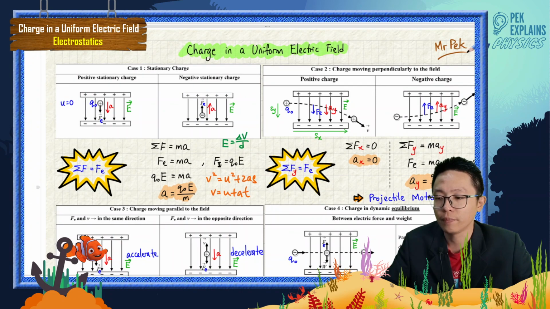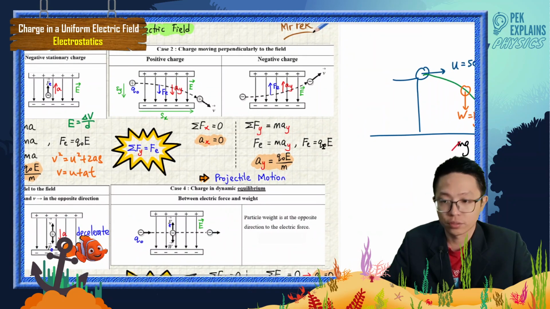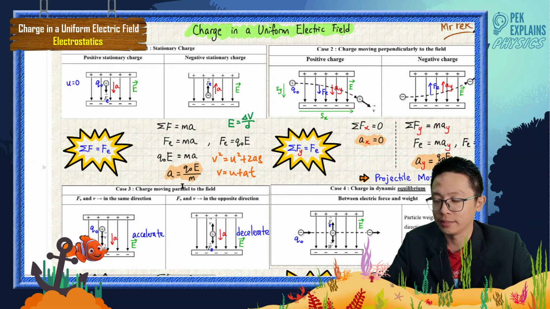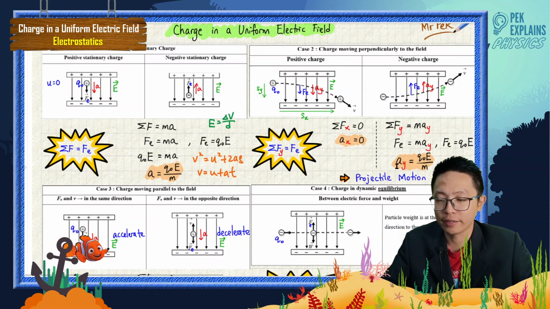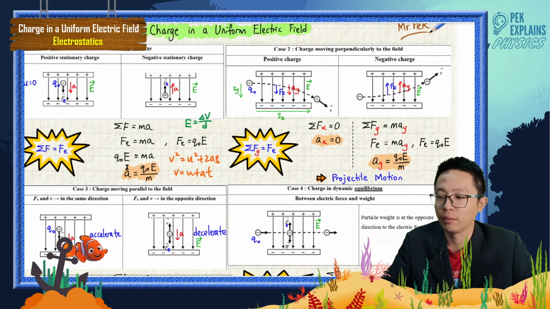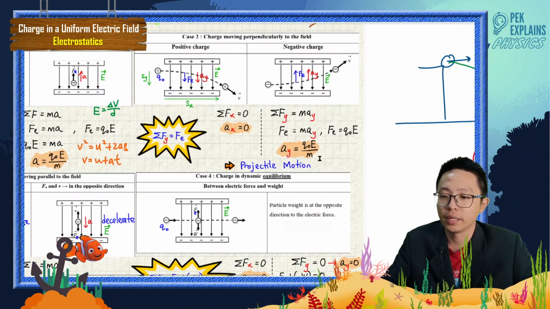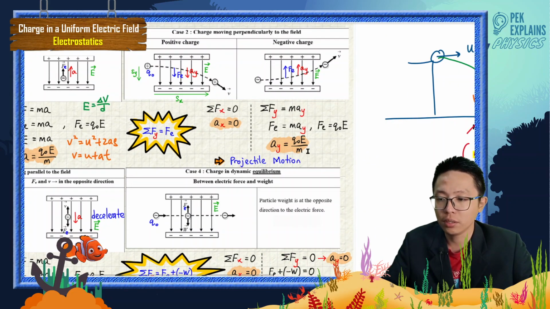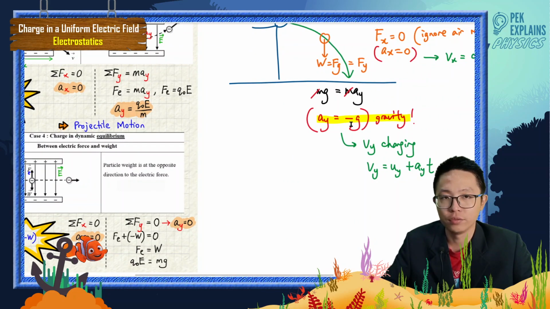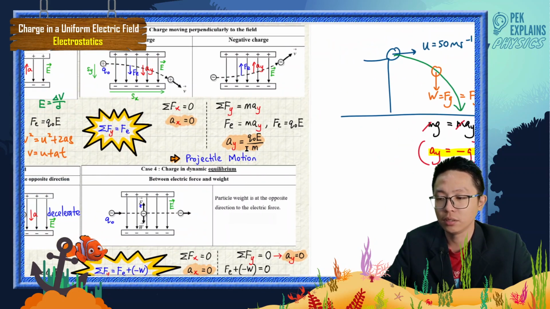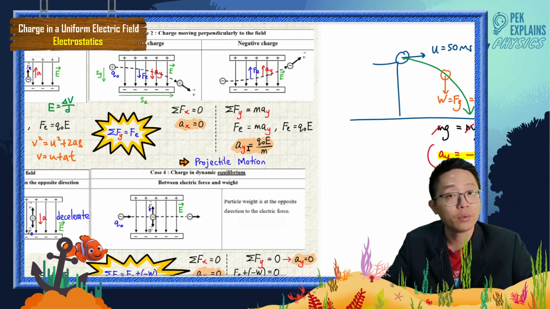So Ay is Q naught E over M. It's the same formula as this one, it's just that this one only affects the y component. So instead of negative g, now is Q naught E over M. So we get the Ay.